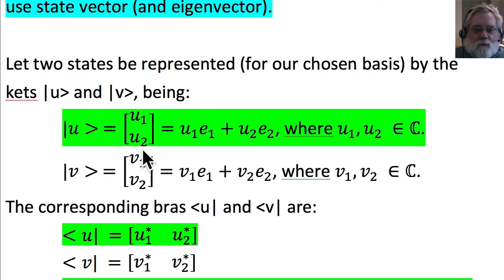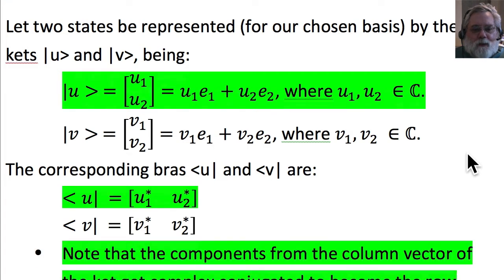And in that form, we mean that state ket u is u1 times the basis vector e1 plus u2 times the basis vector e2, but we're going to use the column vector form for the rest of the lecture. Similar for v. It has two components, v1 and v2, both complex numbers.